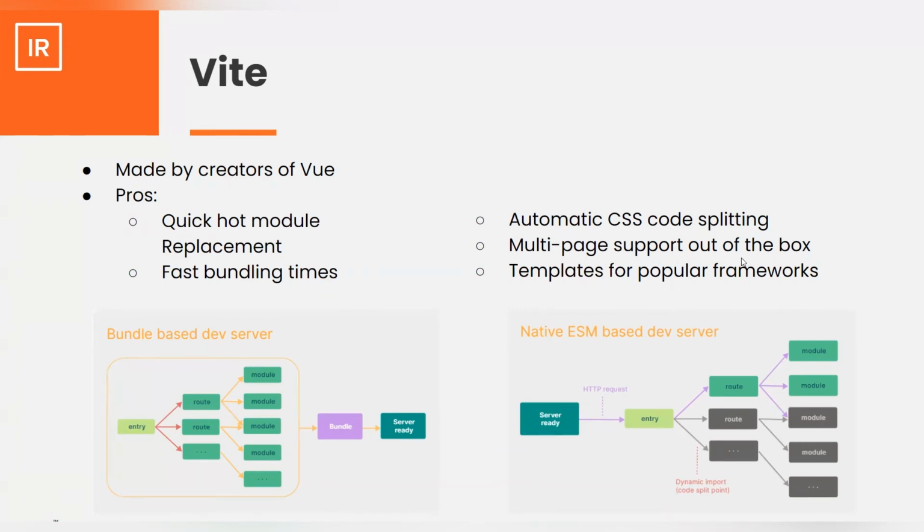There's multi-page support out of the box, and there are templates for popular frameworks, so you can get started really quickly with Vite. Another thing is that it uses Rollup behind the scenes for production builds too, and I think generally Rollup has a smaller package size and is cleaner in that sense.